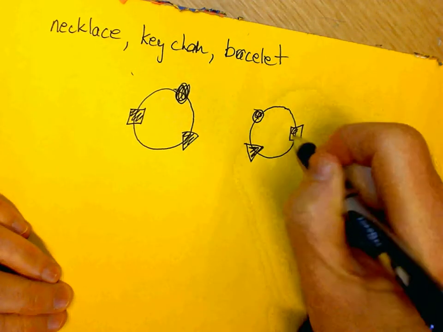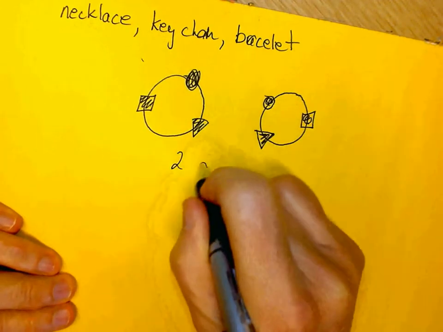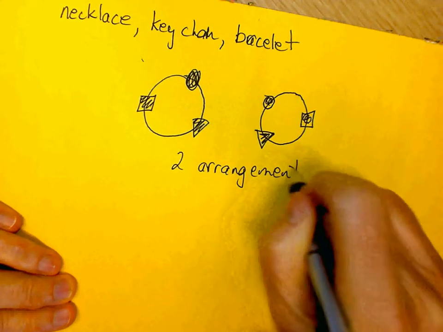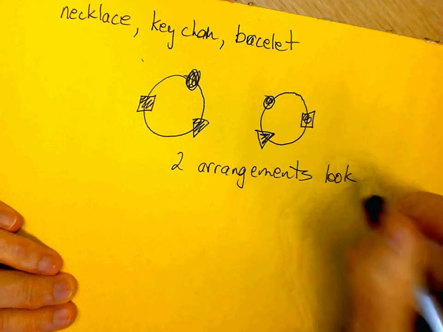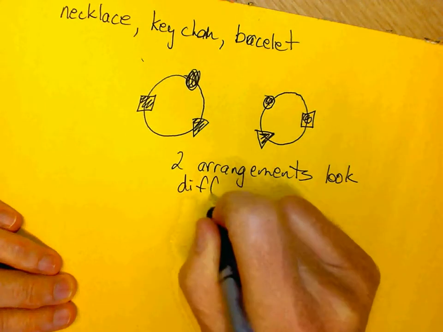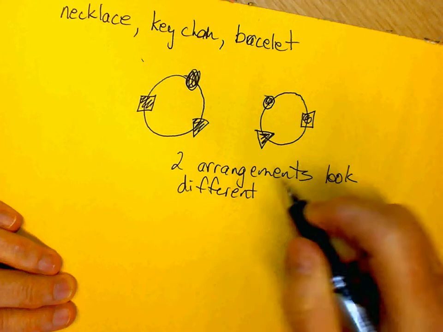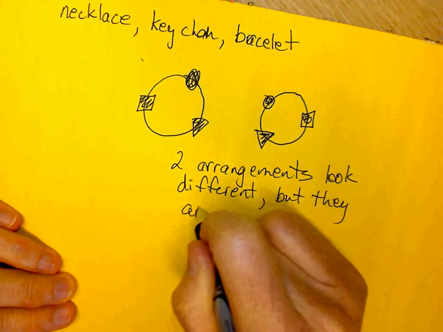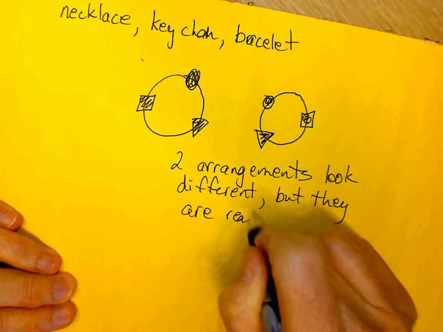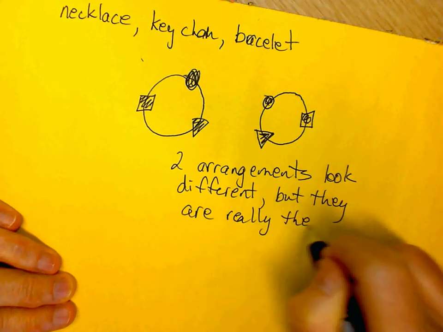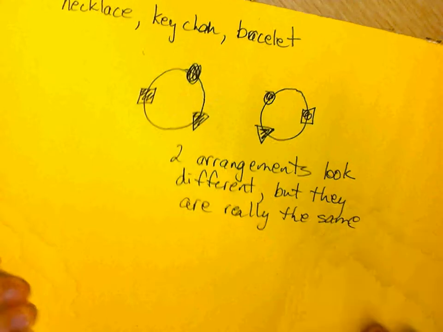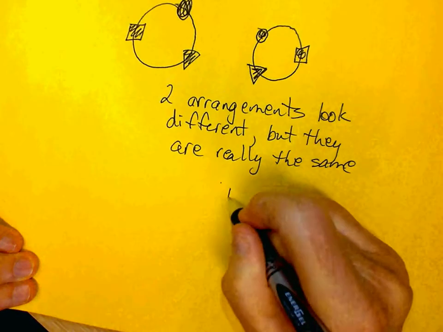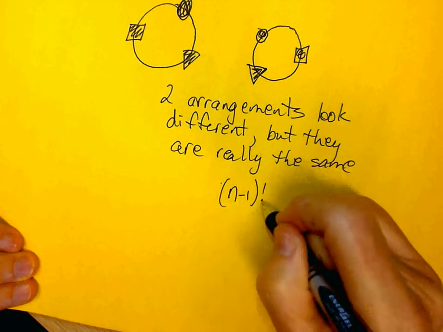So these two arrangements look different, but they are really the same. So to account for this, we go, again we fix one, n minus 1 factorial, and divide it by 2.